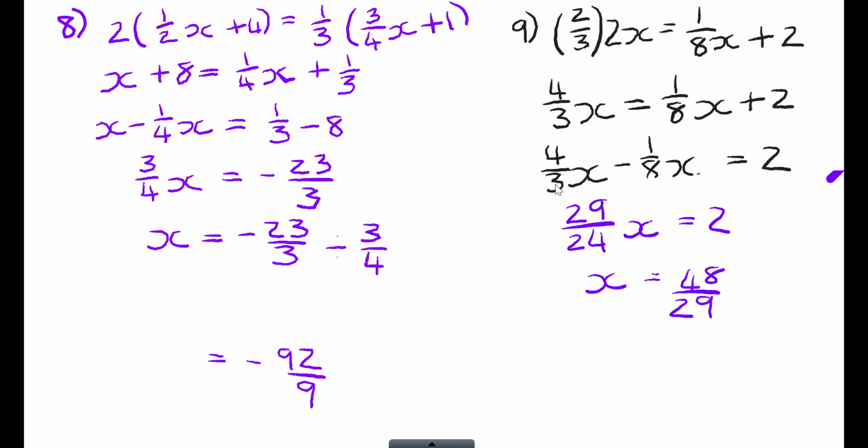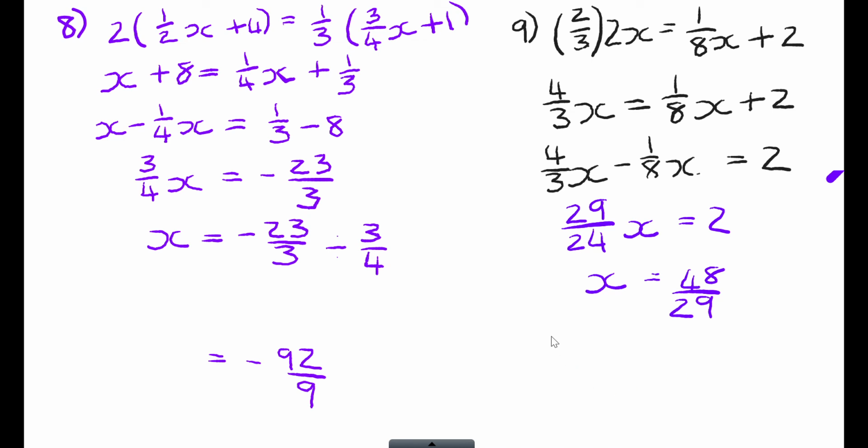If I subtract 4/3x minus 1/8x, and remember we use our calculator, so 4/3 minus 1/8 will give you 29/24x equal to 2. Now I want to get rid of that coefficient, so that step I didn't write in here, that should actually be x is equal to 2 divided by 29/24, and that then gives you the 48/29.